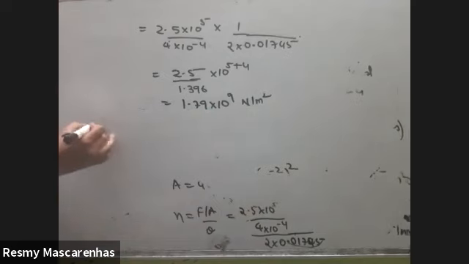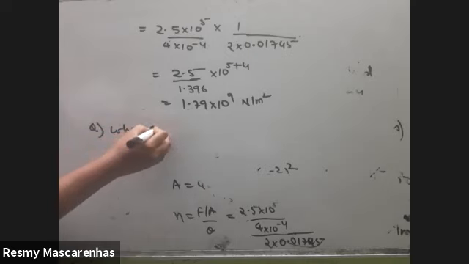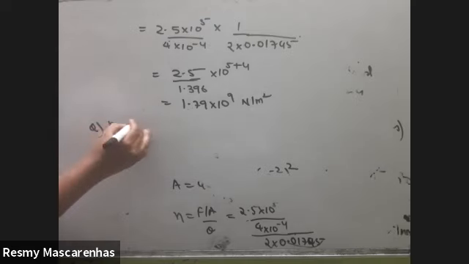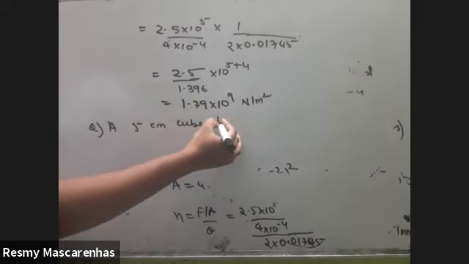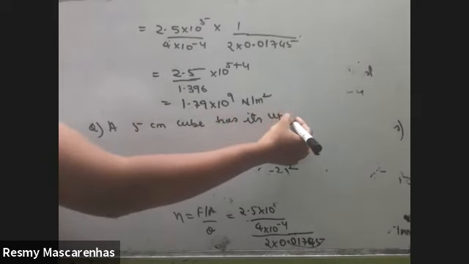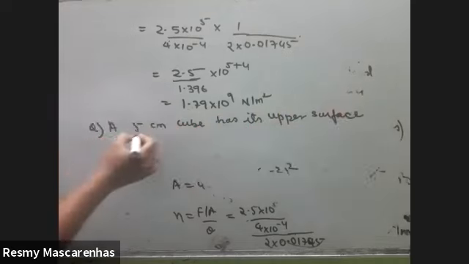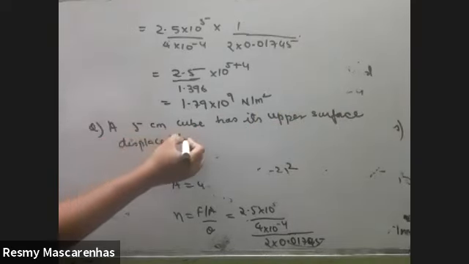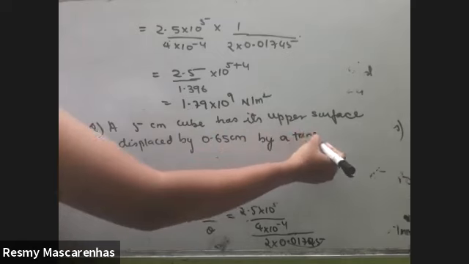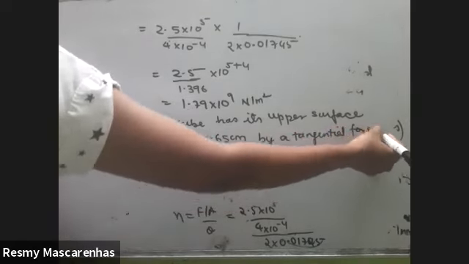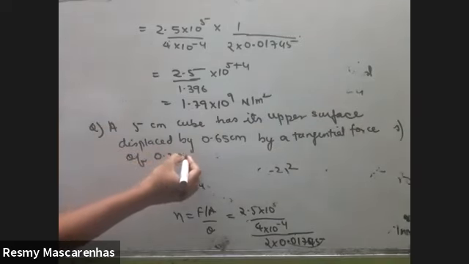This one. A cube of 5 centimeter cube has its upper surface displaced by 0.65 centimeter by a tangential force of 0.25 Newton.